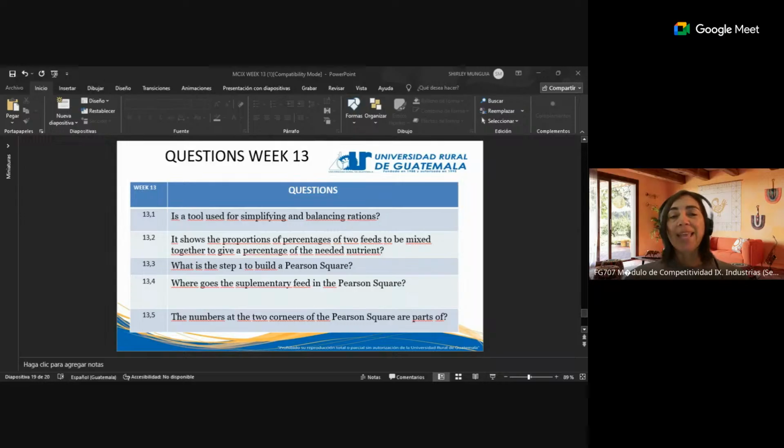Number 1, a tool used for simplifying and balancing ratios. What is the name? Well, the answer is Pearson square. Number 2, it shows the proportion of percentages of two feeds to be mixed together to give a percent of needed nutrient. What is the name of that process? Number 3, what is the first step to build the Pearson square?